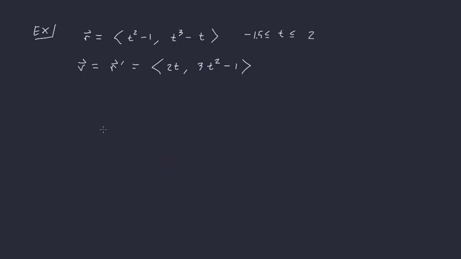Now this does bring us to a concept that we do use quite a bit, and that is the unit tangent vector, which is usually just called capital T, and it's r prime over the magnitude of r prime.